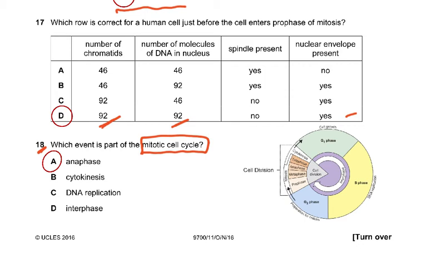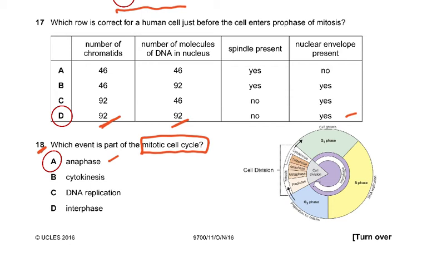I would have struggled with the options because if we say interphase, then DNA replication and cytokinesis, these are all 3 parts of this. But it says which one is part of the mitotic cell cycle. The mitotic cell cycle, if you look at only mitosis, is prophase, metaphase, anaphase, and telophase. Well, there were no other options available to me. So that is why I would have said anaphase.